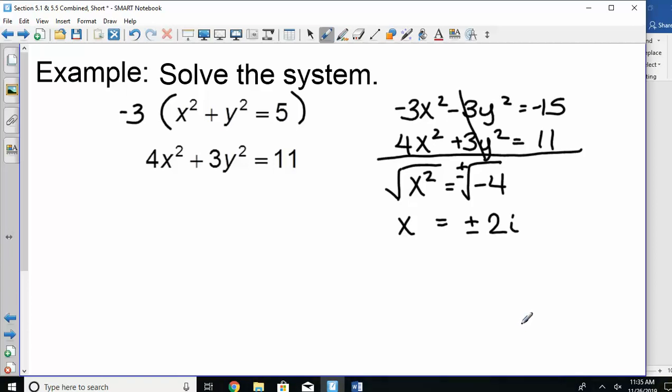Okay, we have to plug this thing back in. So, if x is a positive 2i, 2i squared is negative 4, because it'd be 4 times i squared, and i squared is negative 1.